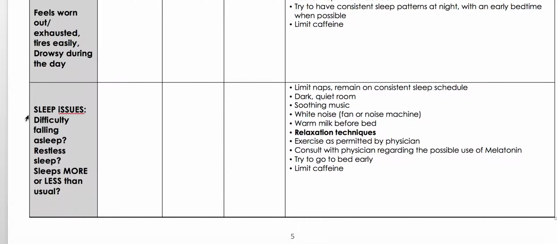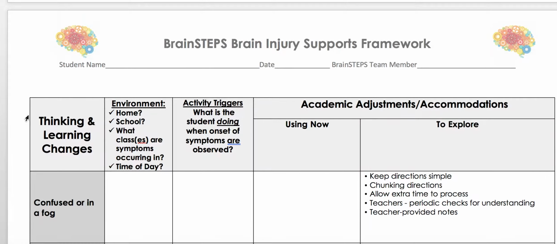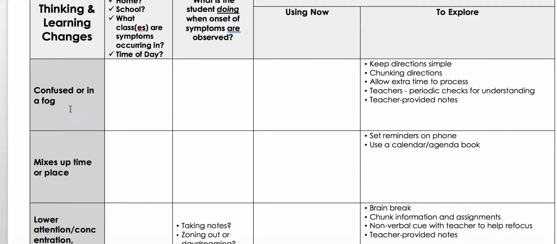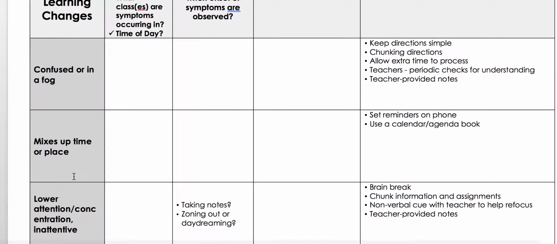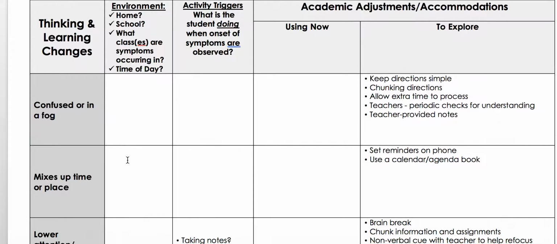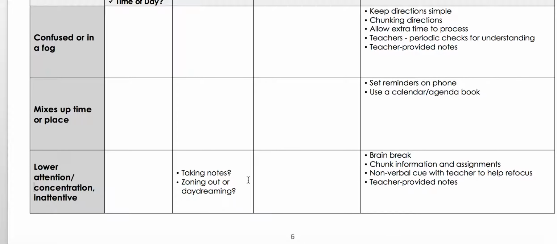So once we get through the physical symptoms, then you get to the thinking and learning changes. Same deal. Confused or in a fog, mixes up time or place, lower attention and concentration, inattentive. Maybe this student has that. So we're going to talk about the same thing. What's the environment? What are the triggers?